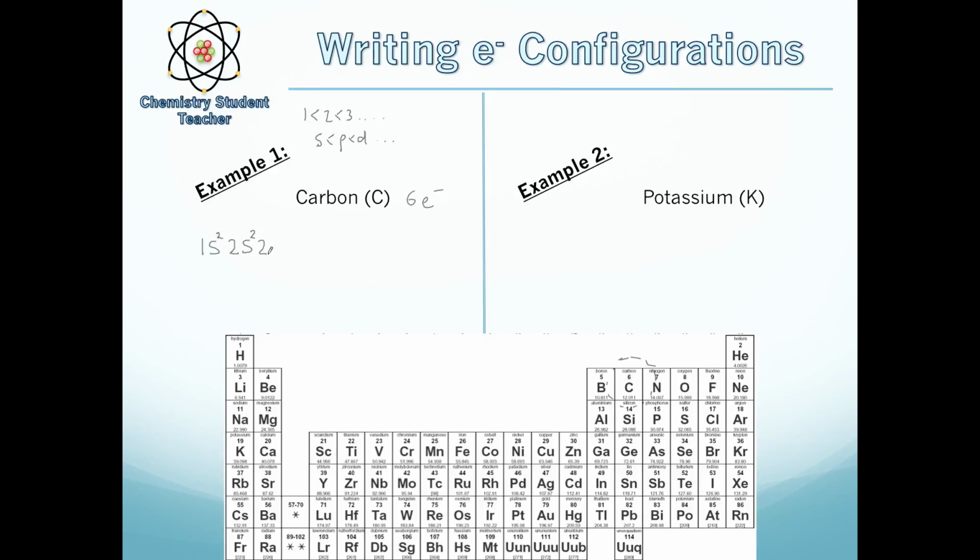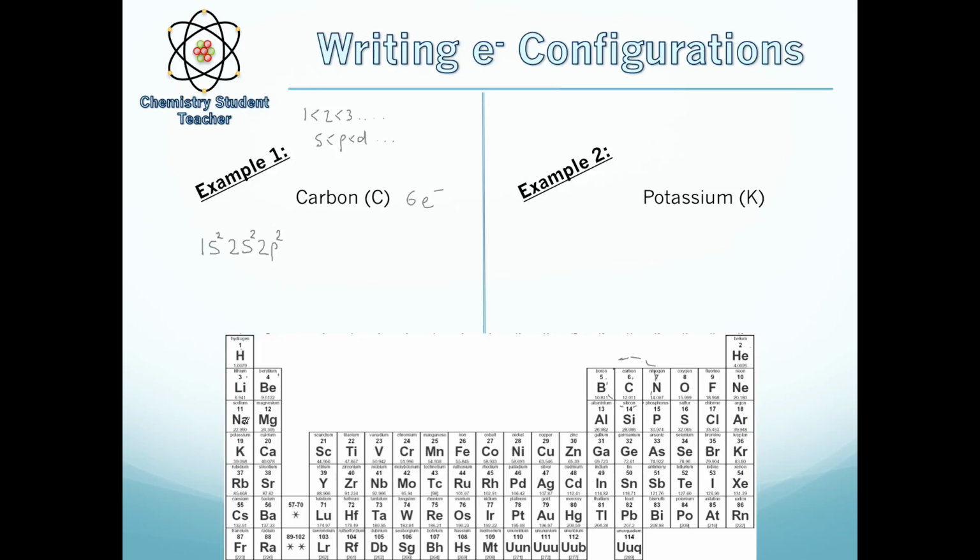Now 2p is next, however this time we've only put 2. You can have a maximum of 6 p electrons in there, but we've only put 2, so again 2. So that counts for the 6: 1 electron, 2 electrons, 3 electrons, 4 electrons, 5 electrons, 6 electrons. So we've placed them in the relevant energy levels.